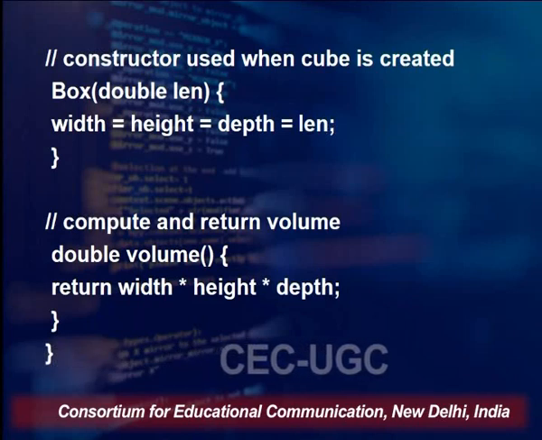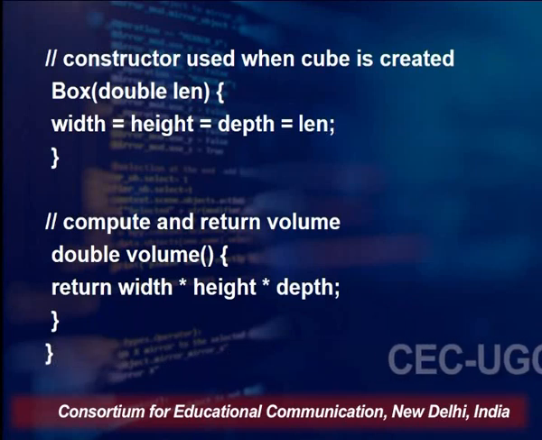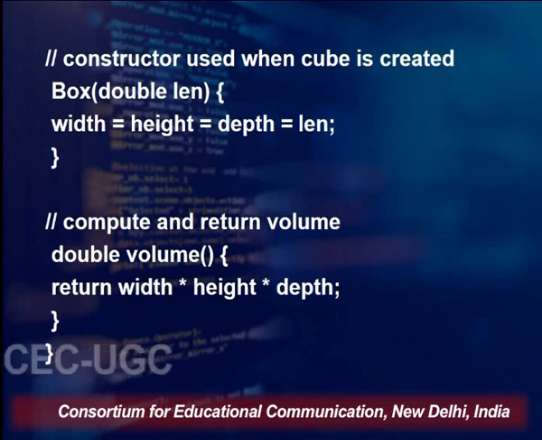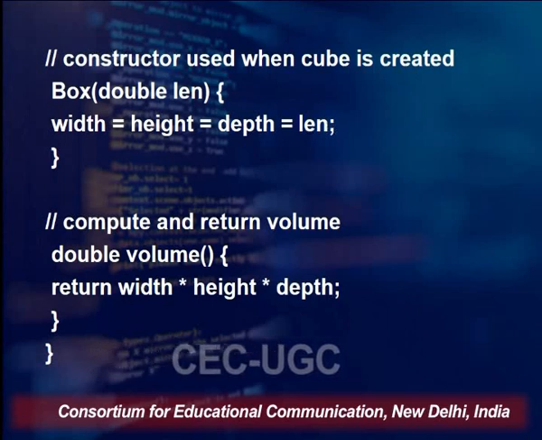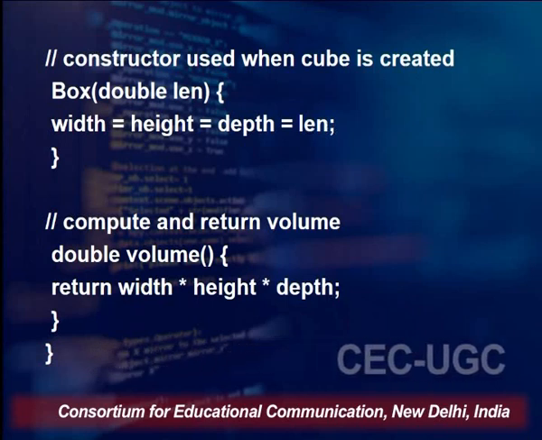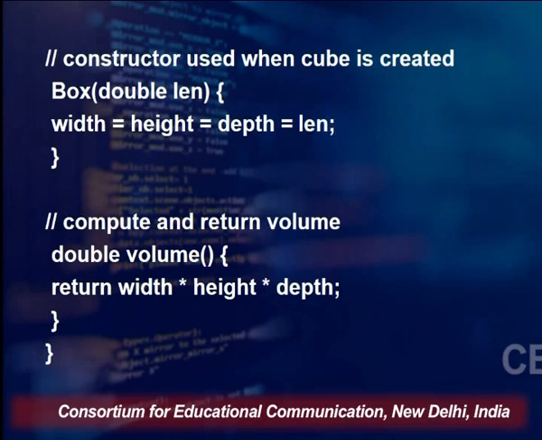Width equals height equals depth equals length. Then the method volume, which returns a double value, which is a multiplication of width, height and depth. That means that is the volume of the box, by multiplying all the three dimensions.